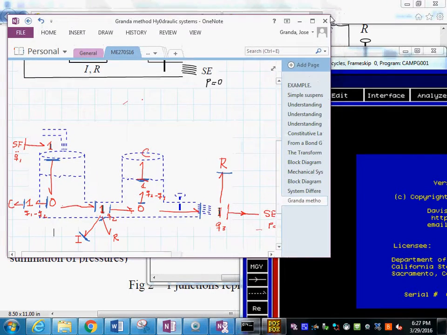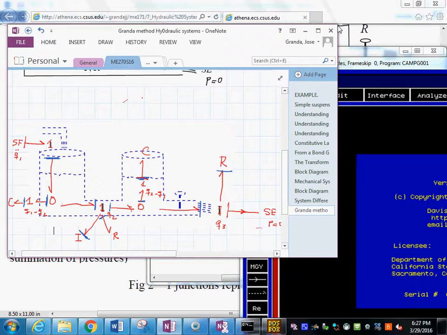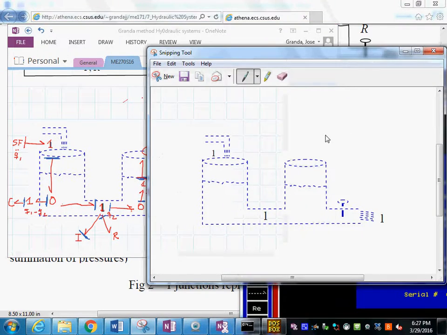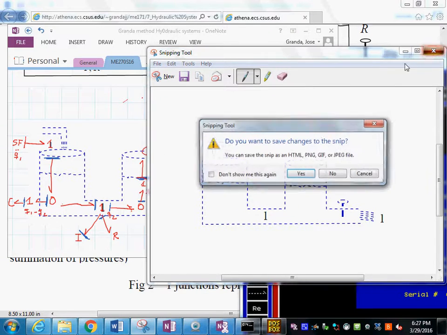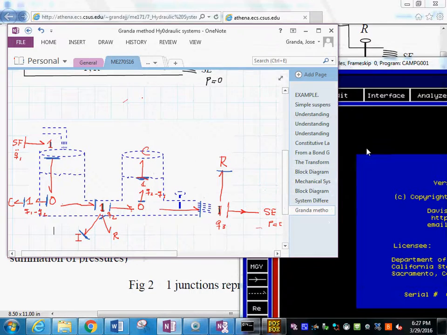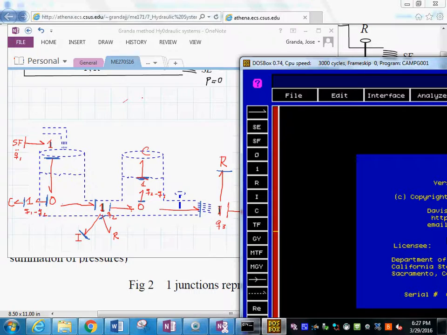The only thing is I'm having an issue with the mouse here for a moment, and hopefully it's a temporary problem, but now the mouse is back. Okay.